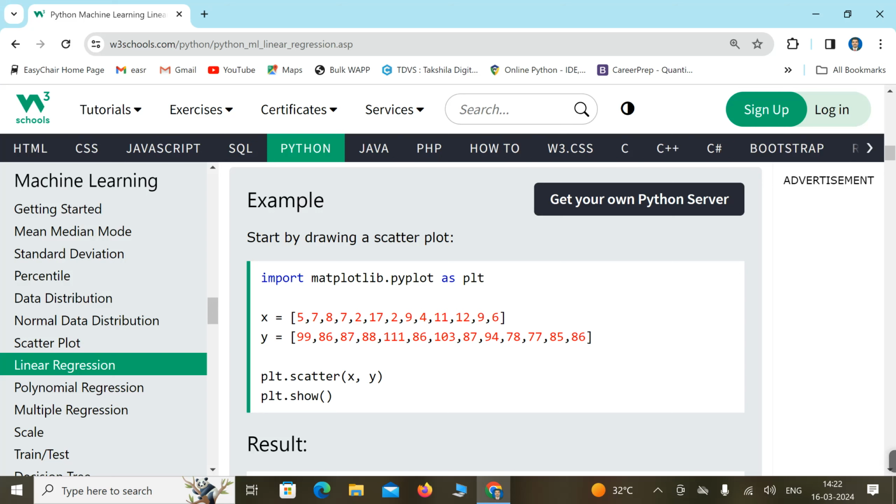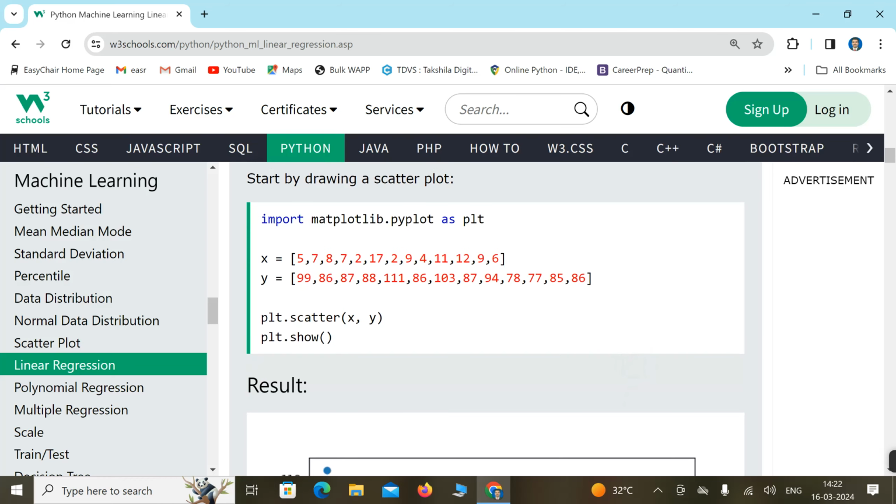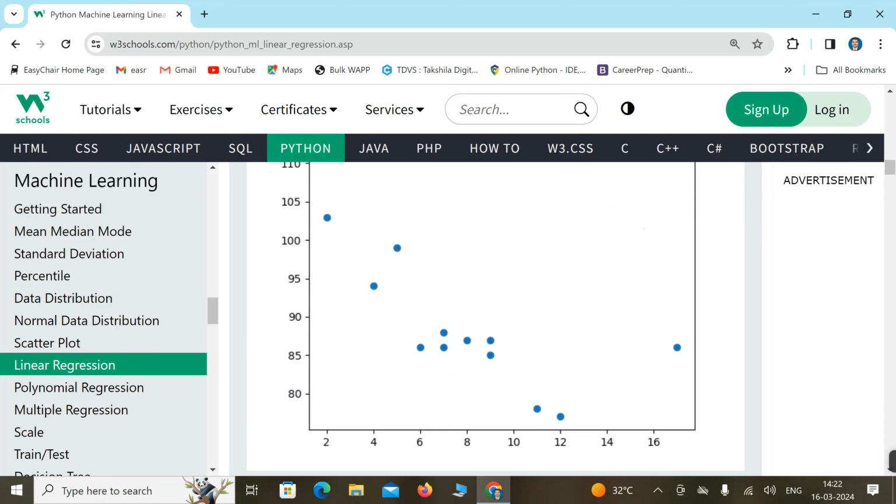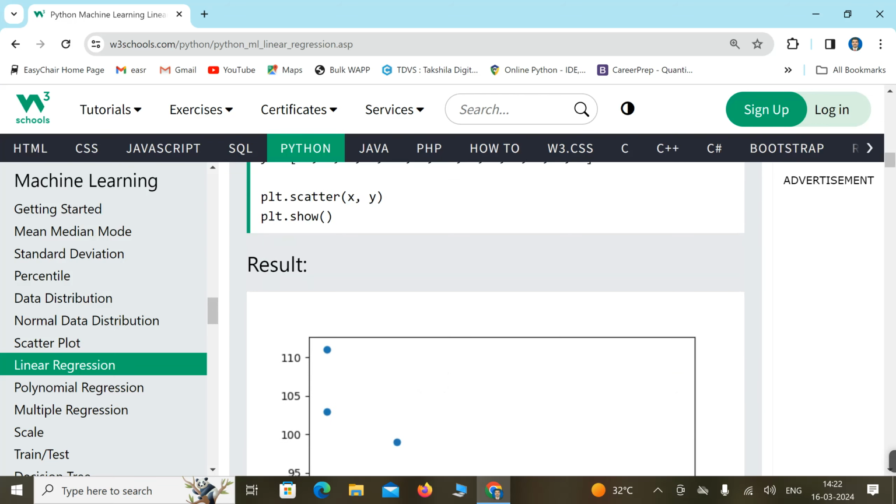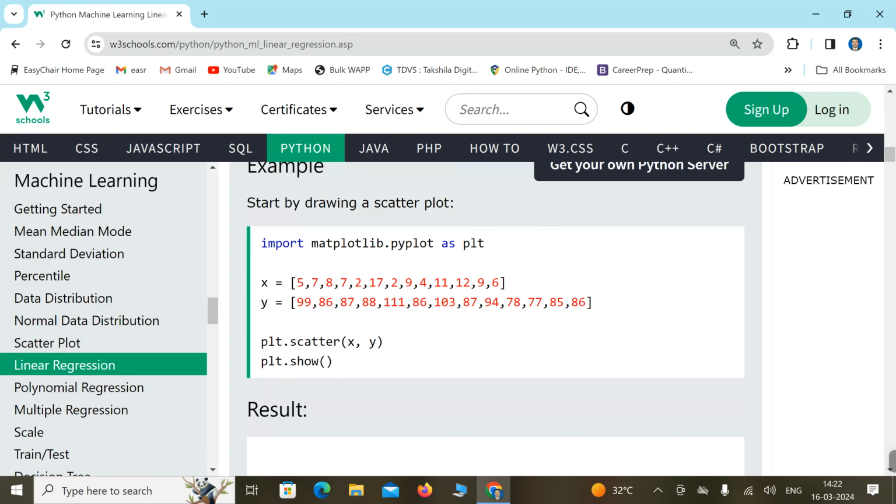In general, x-axis is one set of data, y-axis is another set of data. The plt.scatter is a function which will draw scatter points, something like this. These are all the points which are drawn by using this above data.